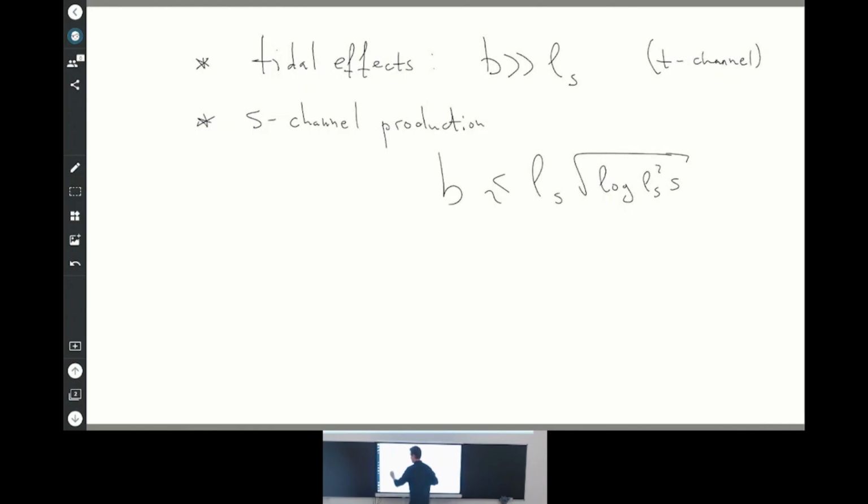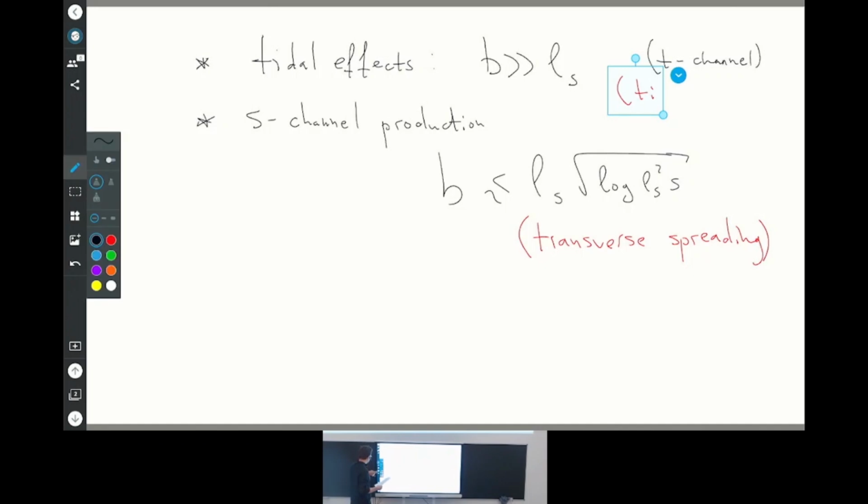This is sometimes called transverse spreading of the string.